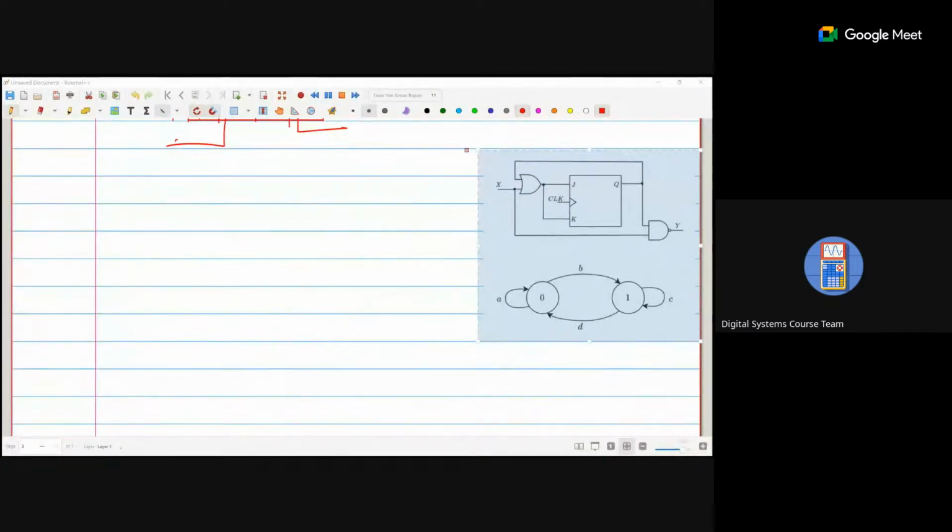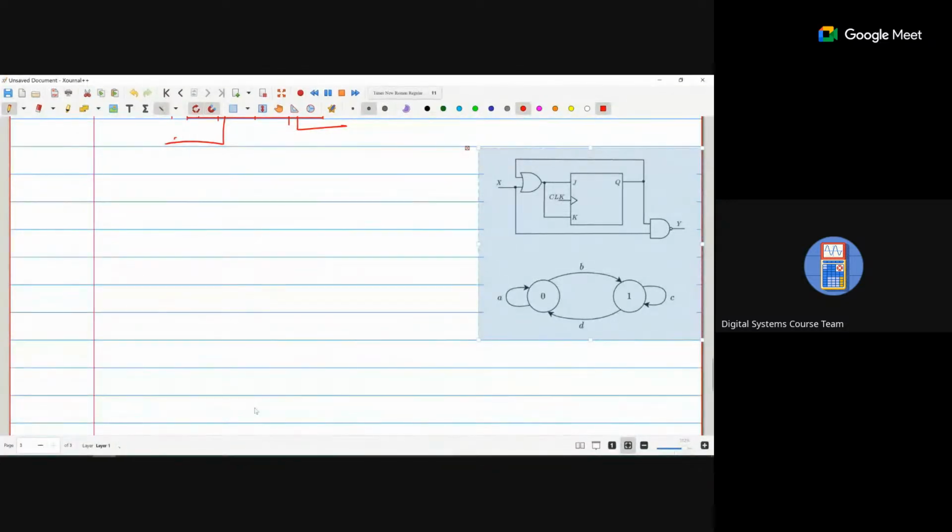Now, what is the question? Find the value of A, B, C, D in the state diagram for a given sequential circuit below. A, B, C, D. Okay, so now when we consider J, K, and Qn plus 1.